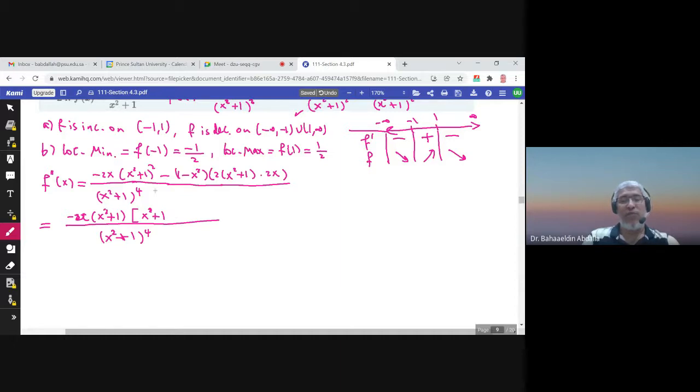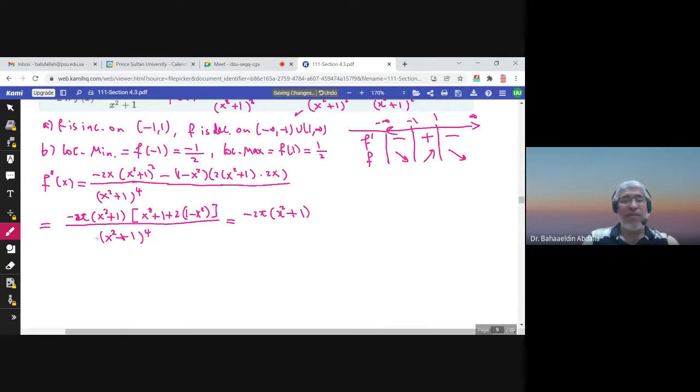And notice that this minus is taken, so it would be plus 1 minus x squared is not taken, and there is a 2, so it's actually plus 2. X squared plus 1, okay, 2x, okay, the minus sign is okay, so that's it. Taking common factors will make your life easier in simplifying.